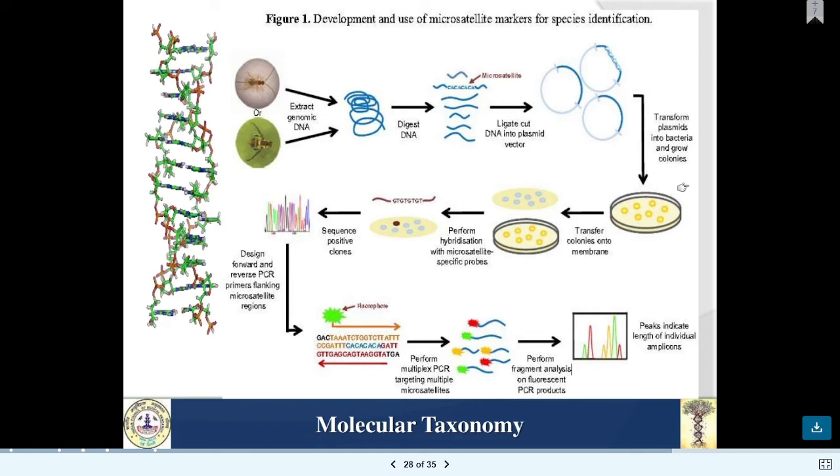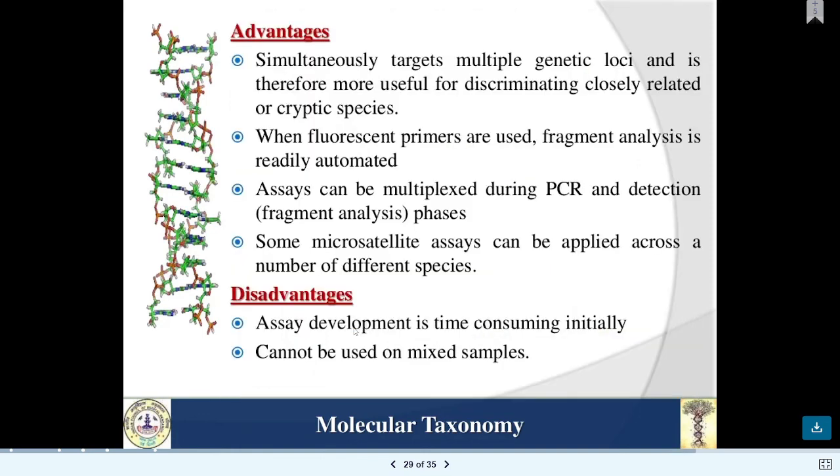The competency of this bacteria is very good. Once the engulfing of plasmid takes place, transformation occurs. We perform a hybridization experiment with microsatellite-specific probes, and we sequence the positive clones, and we can find which microsatellite portions are there or not. We label these probes with radio labeling or fluorescent labeling, and with the help of Southern blotting we can understand the sequences.